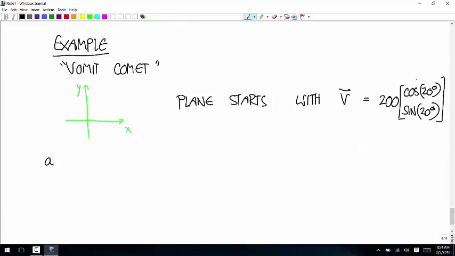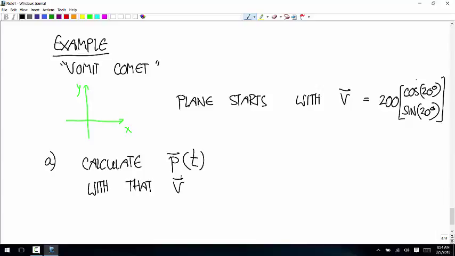First, calculate the position as a function of time with that initial velocity, so that the acceleration is 0, negative 9.81.